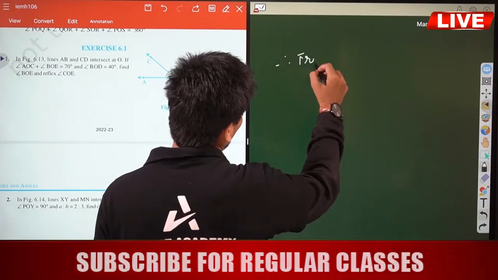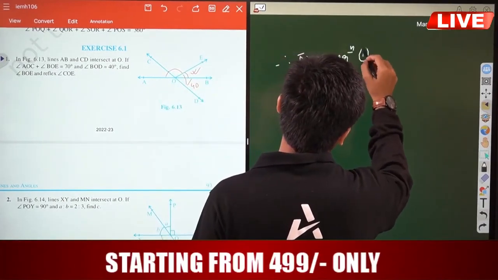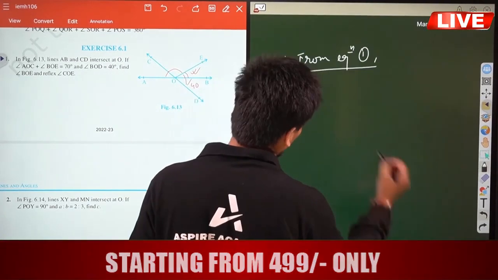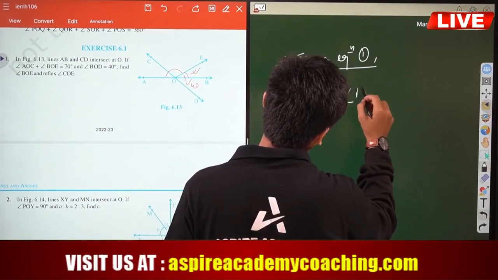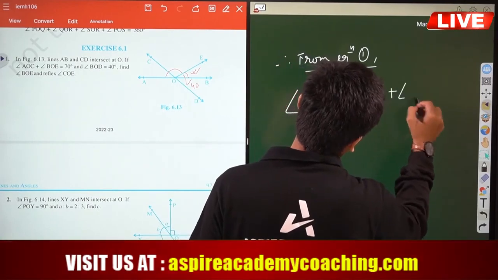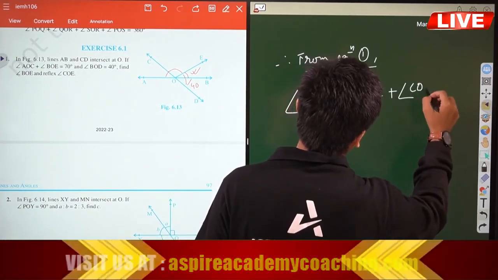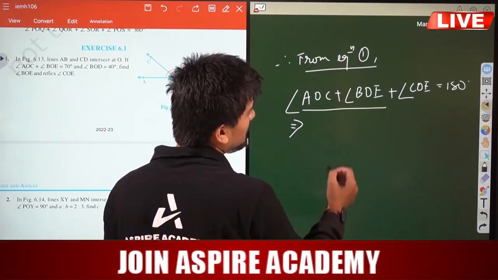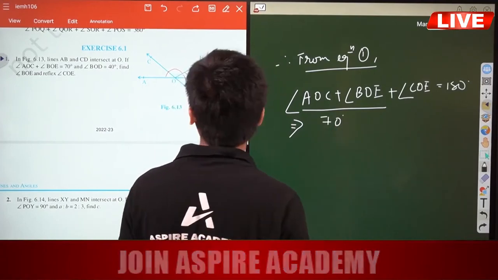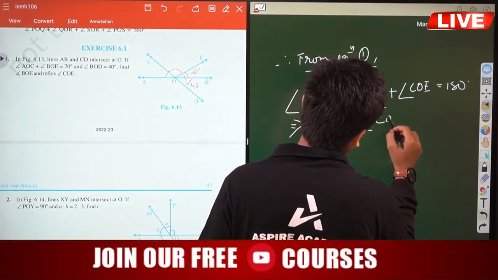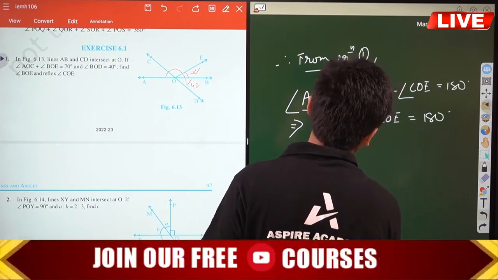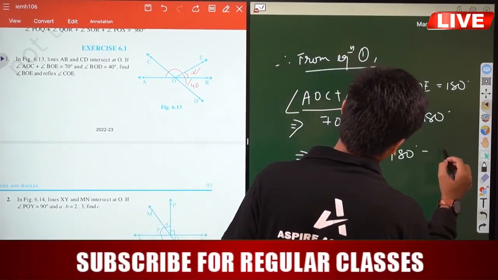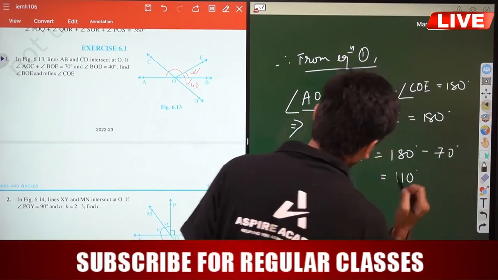From equation 1, angle AOC plus angle BOE plus angle COE equals 180 degrees, which implies AOC plus BOE is 70 degrees, it is given, right? Plus angle COE equals 180 degrees. Which implies angle COE equals 180 degrees minus 70 degrees, which equals 110 degrees.